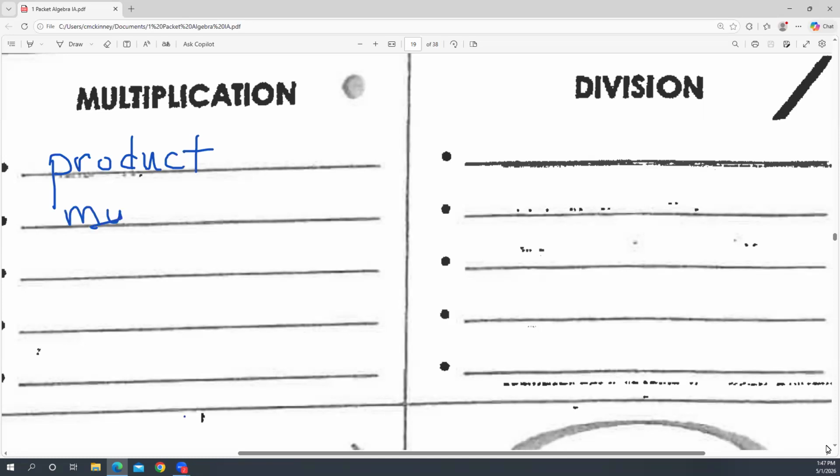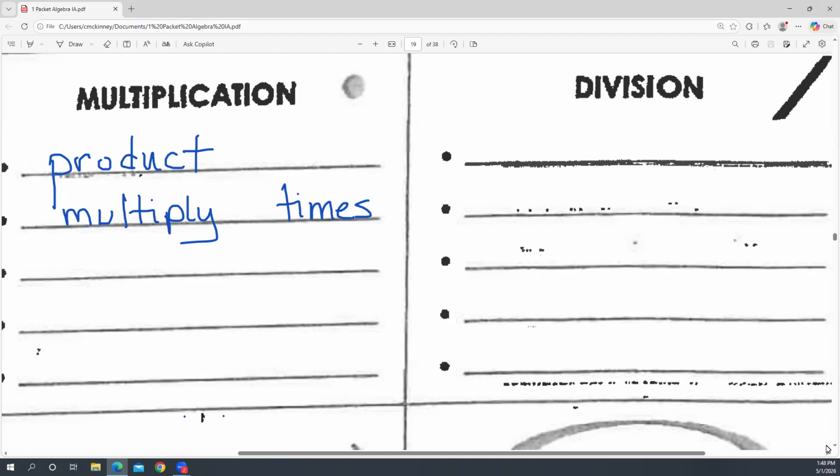I don't know what is happening here with my writing. Let's erase and try again. Oh, sorry about that. Or times, right? Times, 3 times 4.